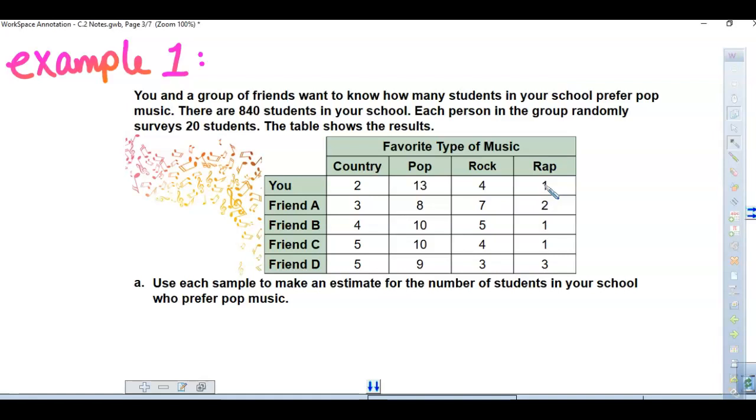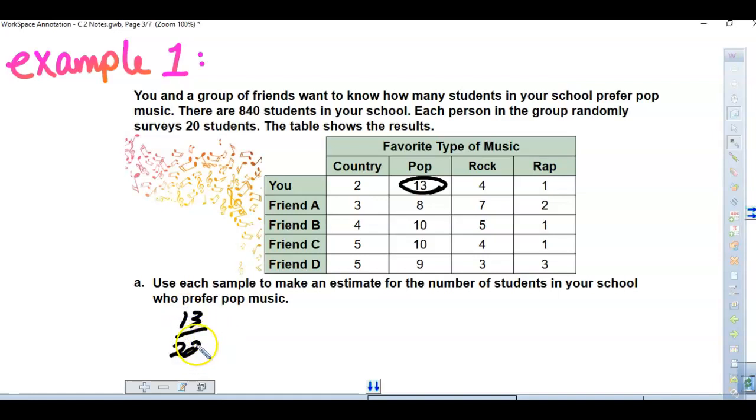So let's take a look at you, okay? 13 people liked pop music. We need to know how many students in the school prefer pop. How can we predict? What would we take? What's what we know? What's that fraction that we know like pop music? 13 over 20.